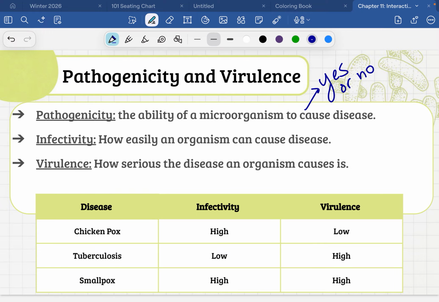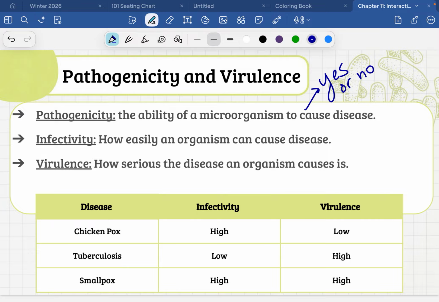Okay, so for example, we have 3 diseases here. Chicken pox, I know most of you have not had chicken pox because most of you have been vaccinated against it. But before vaccines for chicken pox existed, chicken pox was highly infective. If you are within breathing distance of somebody who has chicken pox, you are almost certainly also going to get chicken pox.